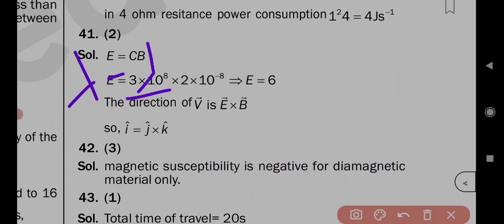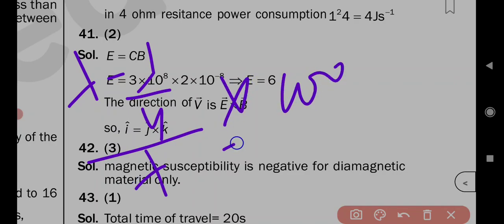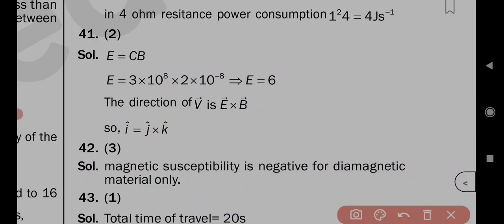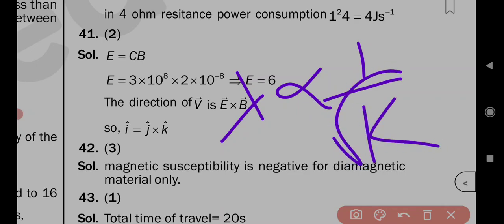The percentage change is (lambda minus lambda by 4) by lambda into 100, which is 3 lambda by 4, lambda cancels, into 100. 4 twos are 8, 25 into 3 is 75. So this is a simple explanation, guys. You just have to relate this relation. Remember this.